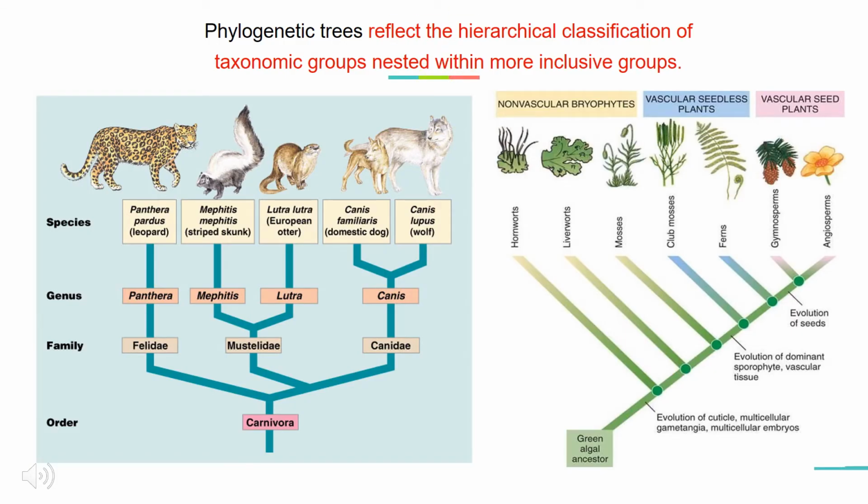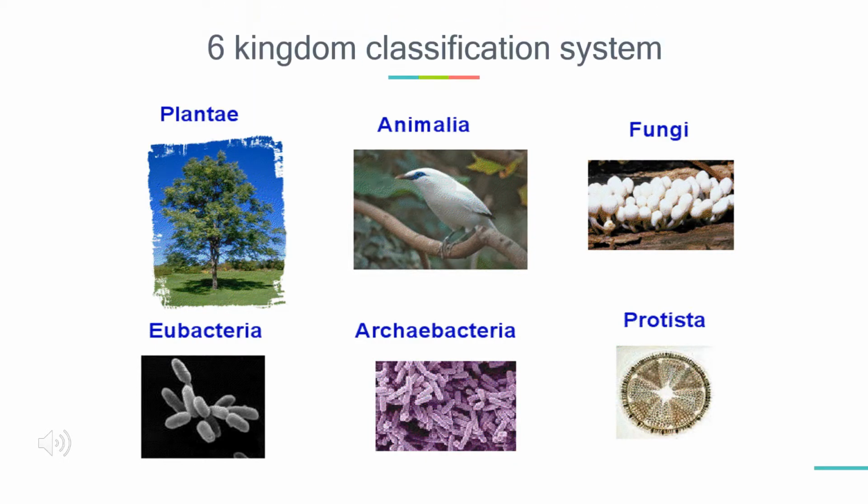Phylogenetic trees reflect the hierarchical classification of taxonomic groups nested within more inclusive groups. You can see this in the diagram. And this is the six kingdom classification system mainly used worldwide.